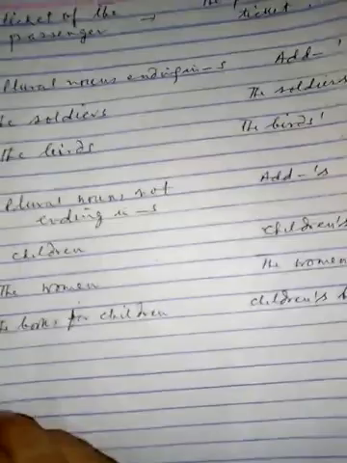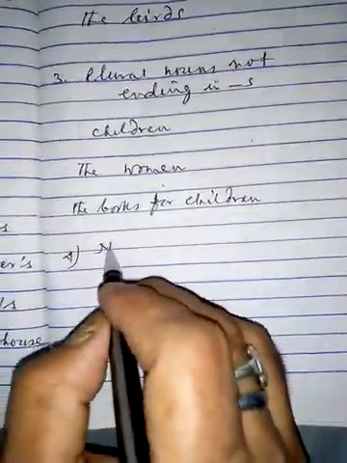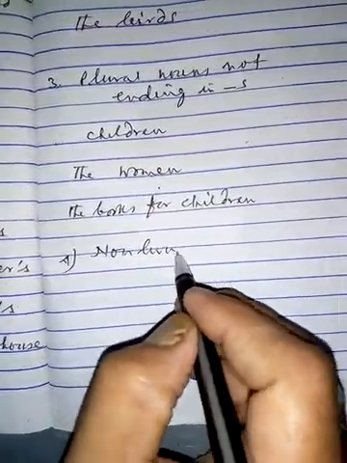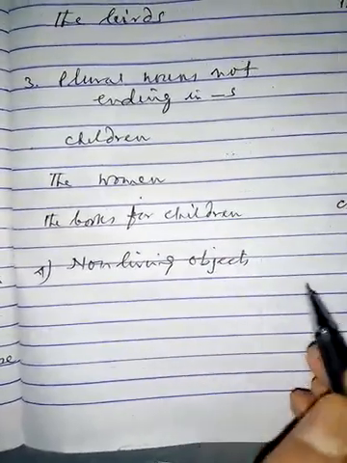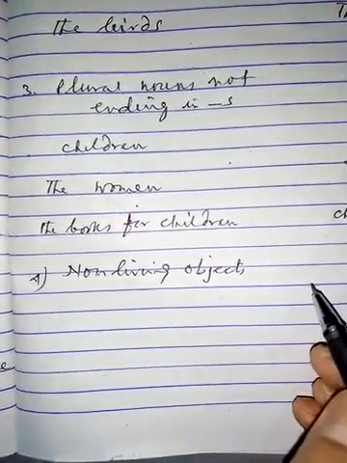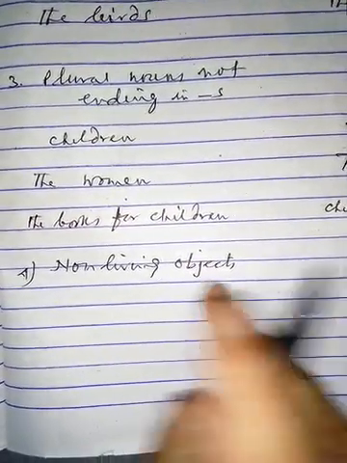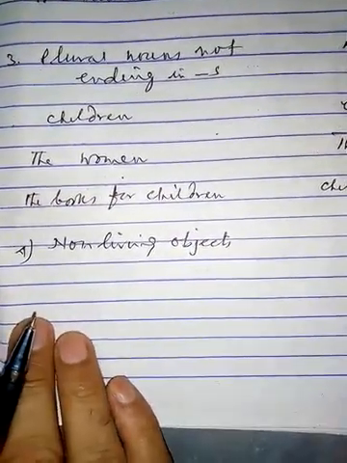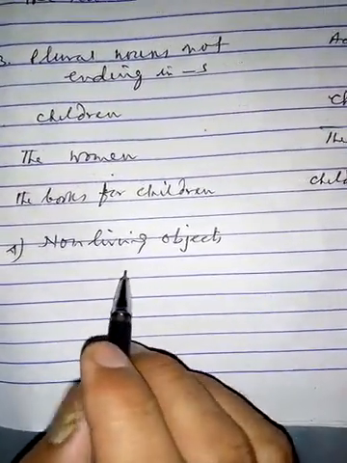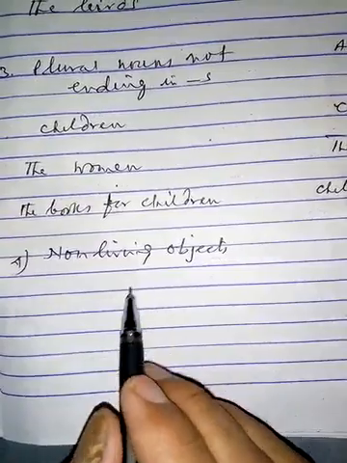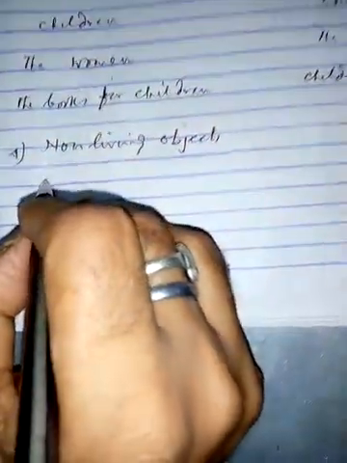But children, in case of non-living objects, what will happen? Normally, we do not use apostrophe S to show possession. By giving some examples, you will get a clear conception. Suppose the chair's leg.